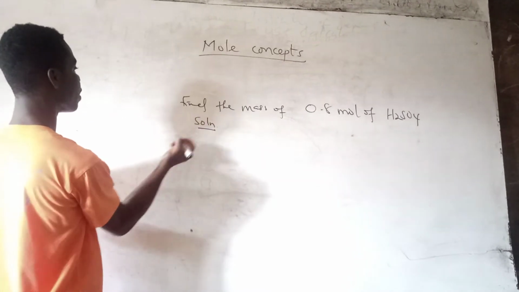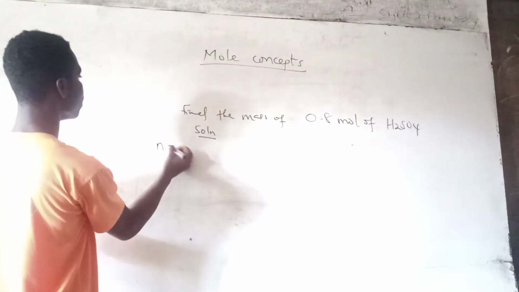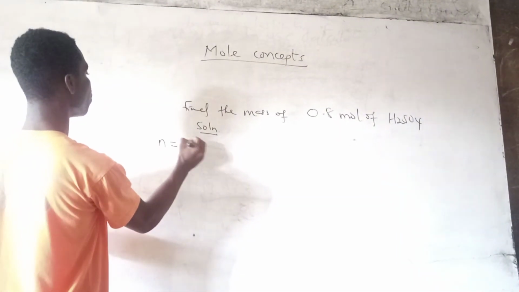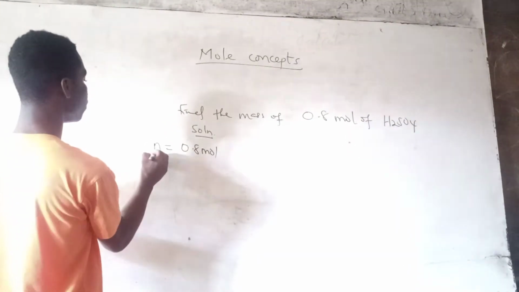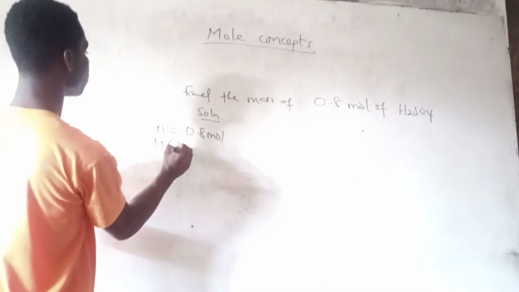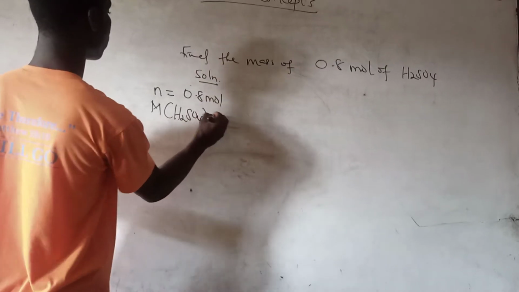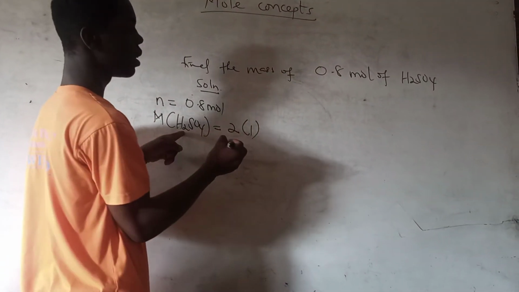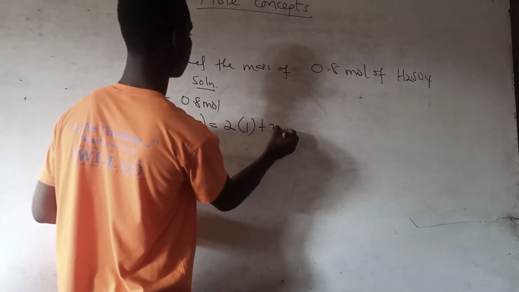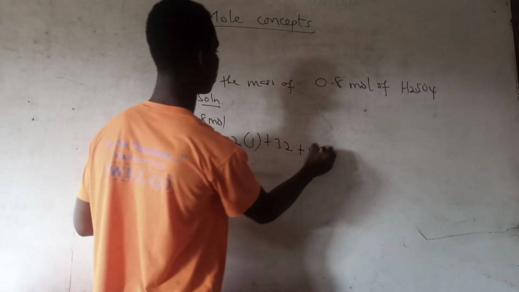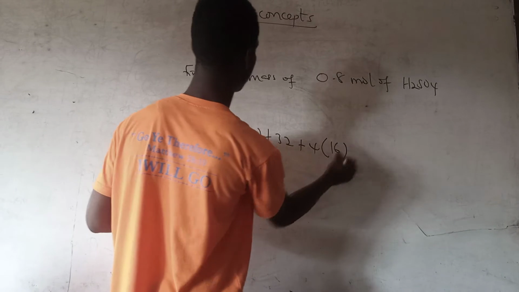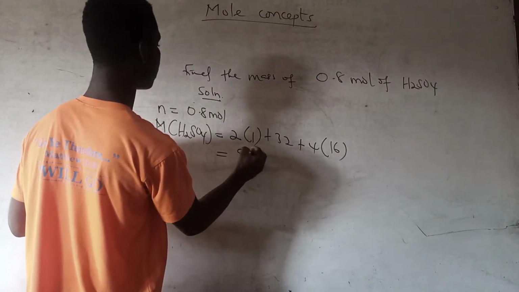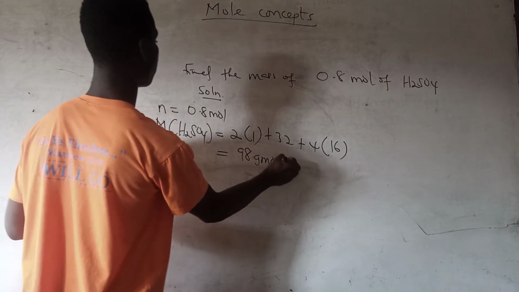So from the question, we have the mole n to be equal to 0.8 mole. We have to find the molar mass of H2SO4. Hydrogen, 2 times hydrogen is 1, sulfur is 32, 4 atoms of oxygen, so 4 times oxygen is 16, so making everything 98 grams per mole.